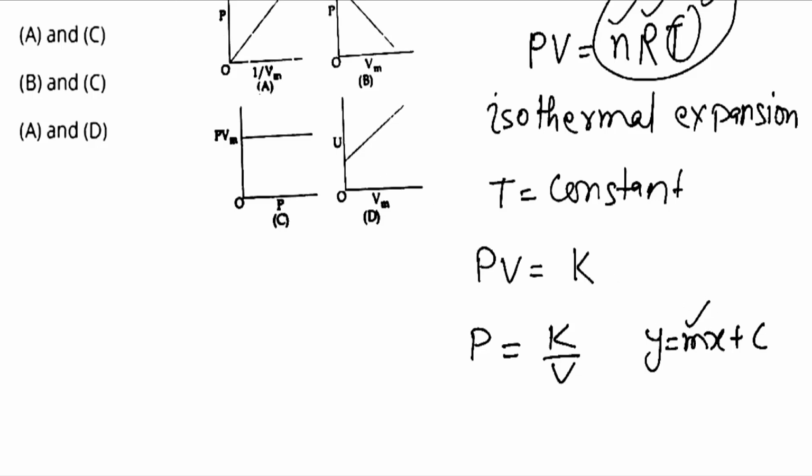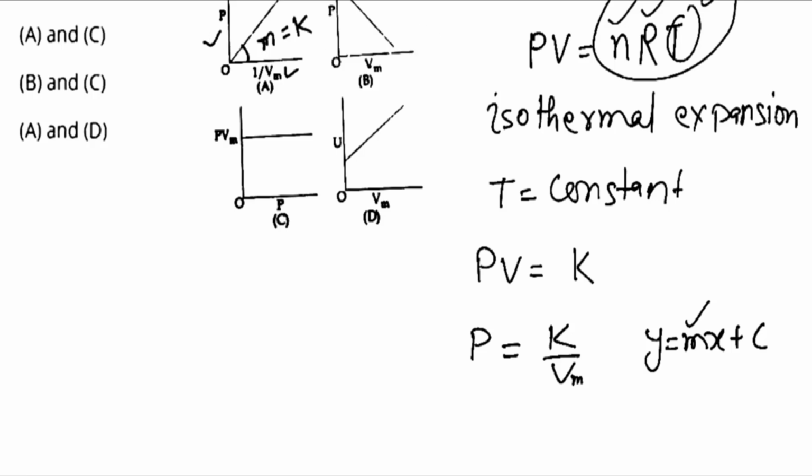Here the slope is K in the equation, and 1 by Vm is x in the graph, and P is y. So from this equation we can say that this graph is correct.